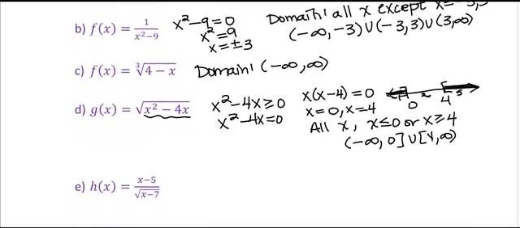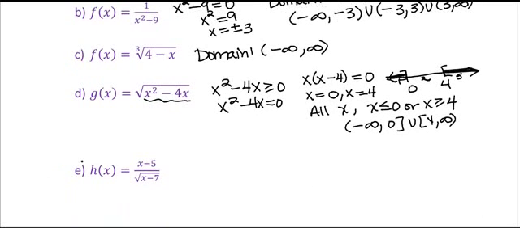Now, one last problem that I wanted to show you is one where we include both a fraction and a radical. So I've got to worry about two things in this problem. I have to worry about where the expression x minus 7 is greater than or equal to 0, and that's a simple linear inequality that I can solve by adding 7.